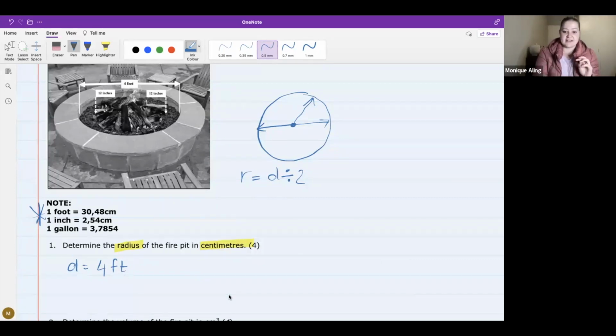Great, fantastic. Seeing the correct answers coming through here. Okay, so we're going to use the conversion factor given to us over here. They tell us 1 foot is equal to 30,48 centimeters. So if we know what 1 foot is, to work out what 4 is, we times by 4. We take the conversion factor and times by 4.